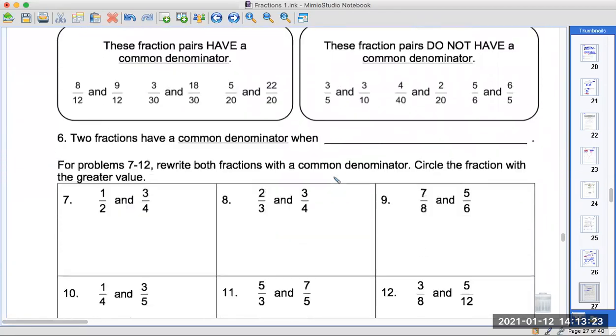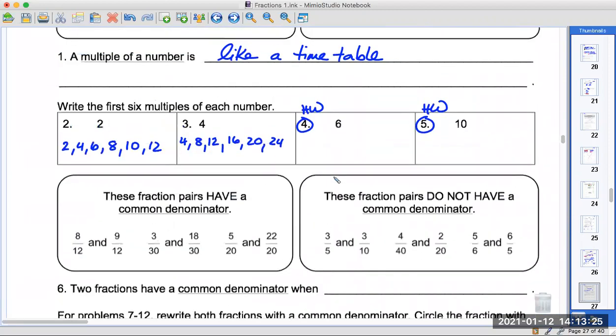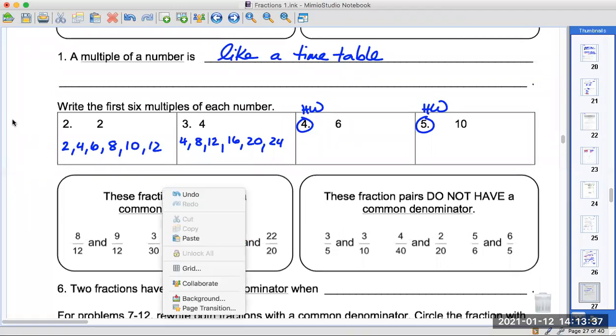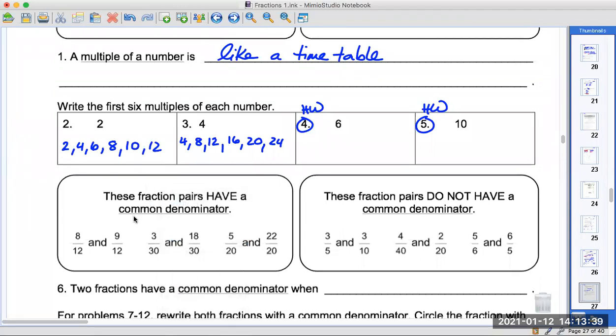So we're still on page 21, just to give you a reference. And these fraction pairs have a common denominator, 12 and 12, 30 and 30, 20 and 20. So a common denominator is the bottom number, the bottom is the same.